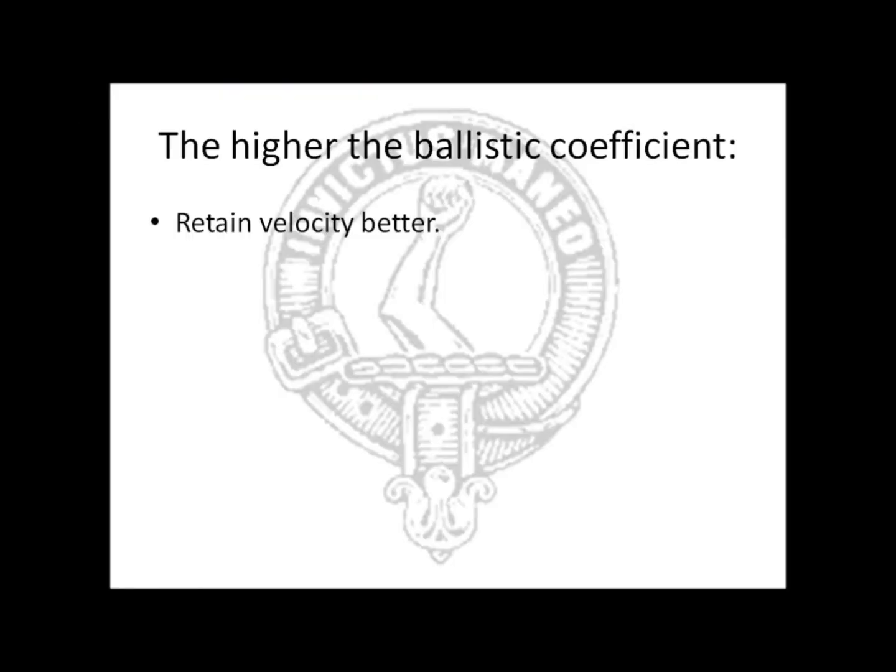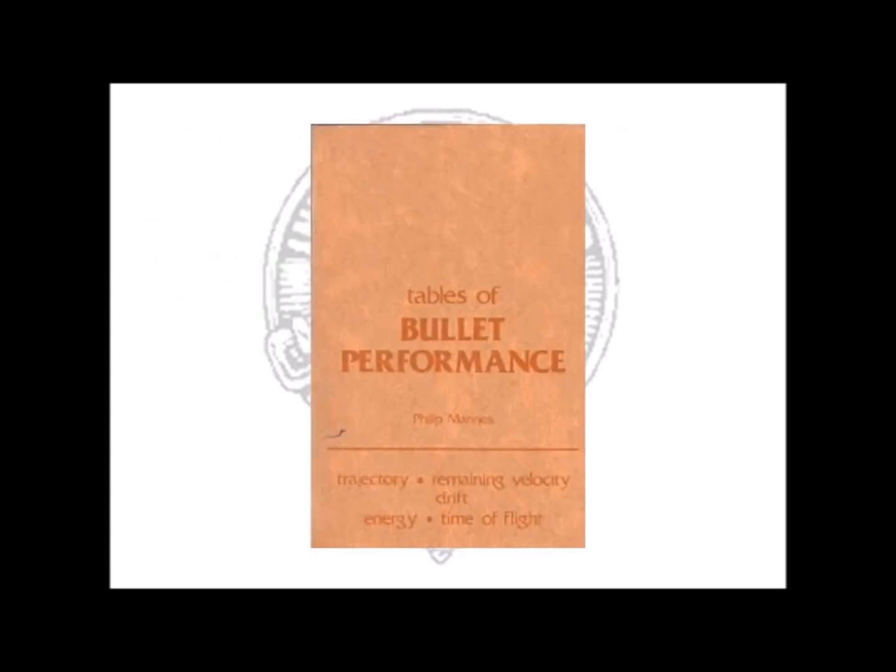The higher the ballistic coefficient, the better it retains velocity. It resists wind better. It has a flatter trajectory, meaning it will take less time to travel to the target, giving gravity, air density, and humidity less time to affect the bullet. You can find ballistic information in books, software, even online these days.